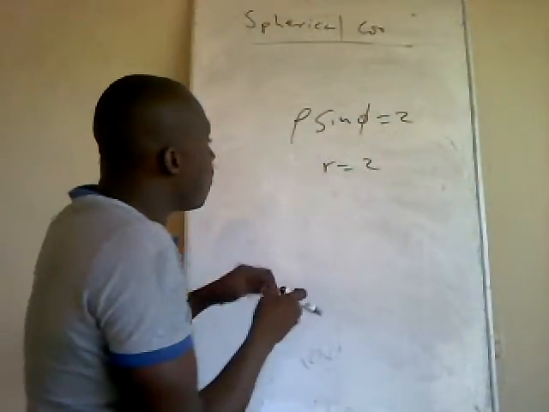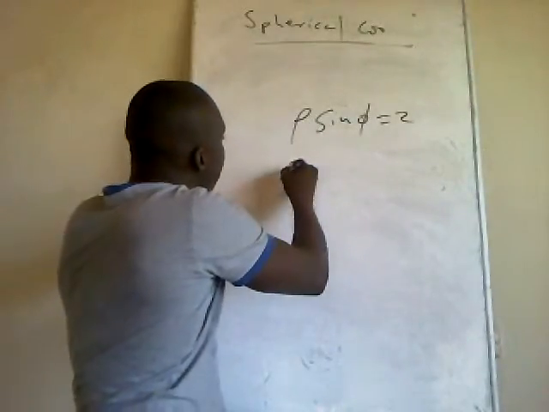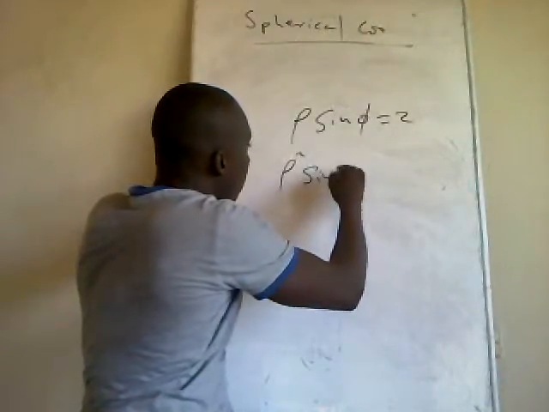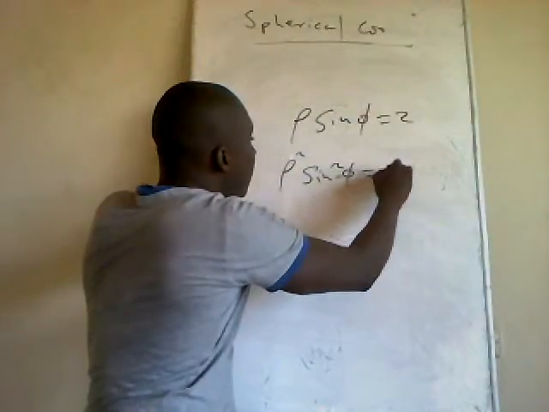But we can still make this more interesting. We can square both sides. If we square both sides, we have rho squared sine squared phi is equal to 4.